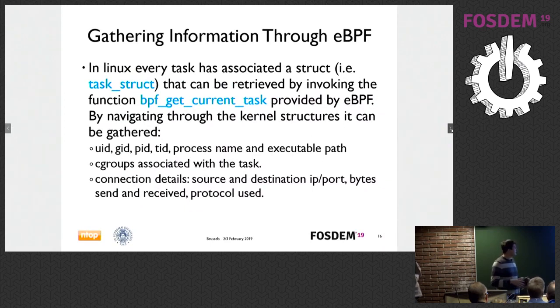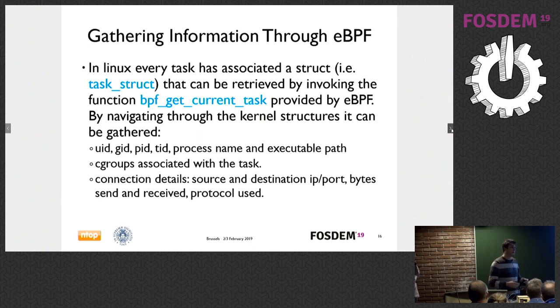To gather this kind of information, what we've done is use a BPF helper function, BPF get current task, to obtain the task, the struct associated to each thread and process. By navigating through the kernel structures, we can collect information such as the user, or for example the cgroup, and furthermore, by using the socket that is provided with the function call.